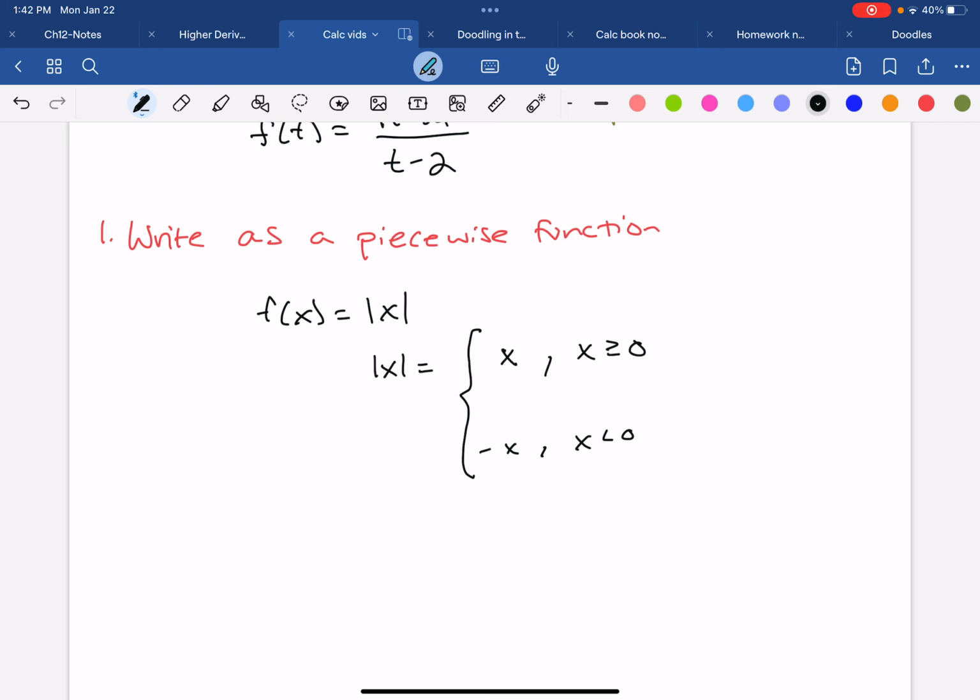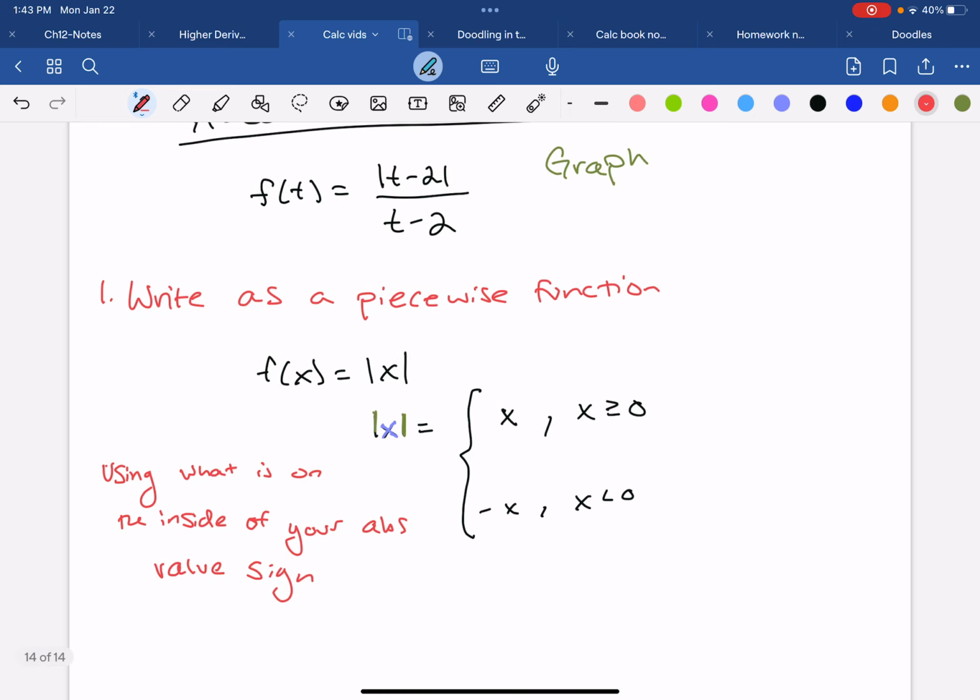And so what we did for this absolute value function, or this piecewise function, is you take what is on the inside of your absolute value signs and you use that for your piecewise function. So when we're working with these absolute value problems, you're using what is on the inside of your absolute value signs. You're not using anything that's on the outside.